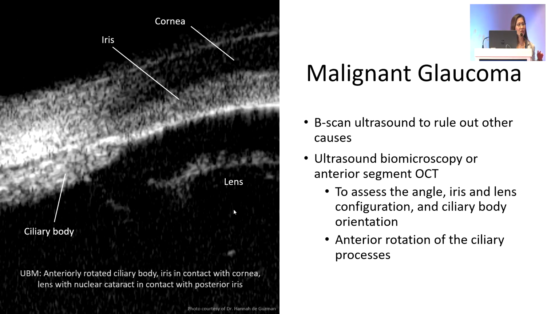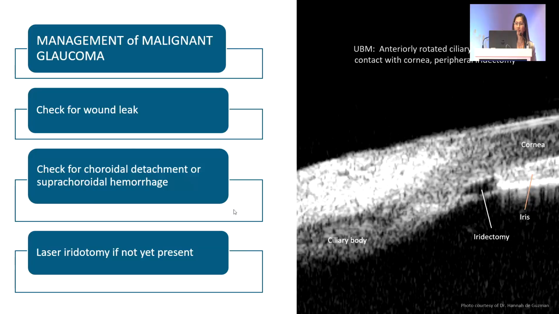In patients with very hazy media, you can do ultrasound to rule out other causes of flat or shallow chamber like choroidal detachment. Ultrasound biomicroscopy or anterior segment OCT will be very helpful in assessing the orientation of your angle, the iris, the lens, and the ciliary body.